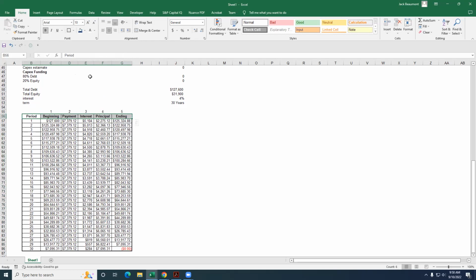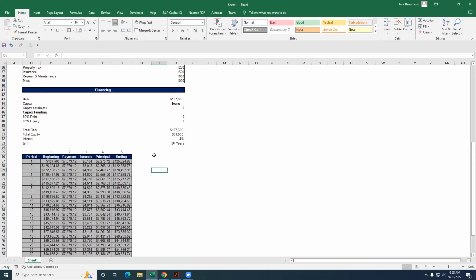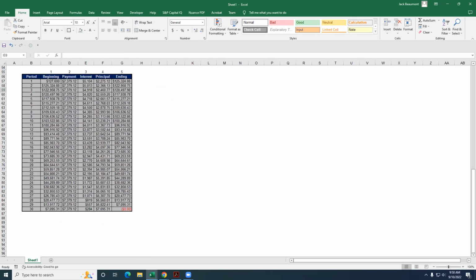And then let's make those bolded. And let's actually go that, so that's clear. You can do whatever you want here; this is just what I like to do. Let's do it that color. Okay, so we have our debt schedule built out. Next we're going to be building out the forecast.